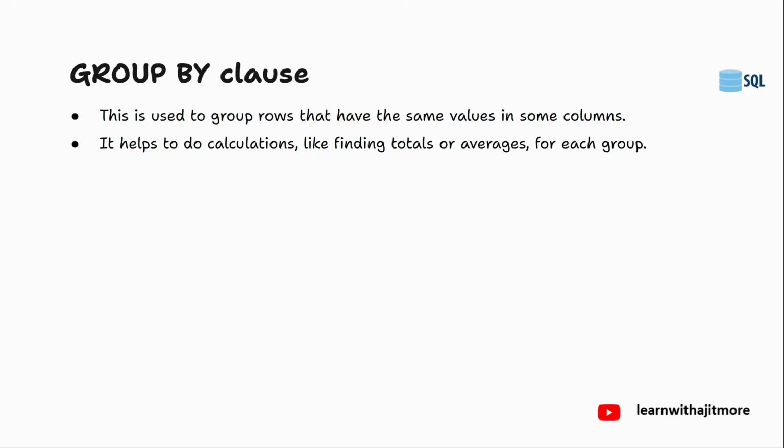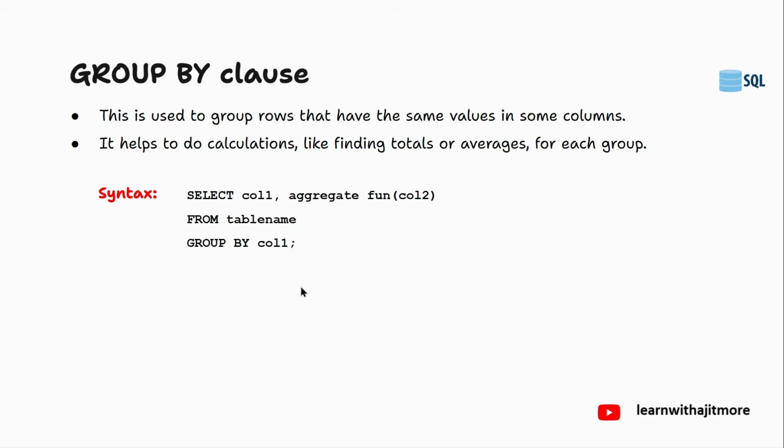Now how is the syntax? See, very simple. Select column 1. Please remember this is the column on which the grouping will be done. Whatever column name you write, it is assumed that this is the column on which the grouping is done. Understanding? Clear?